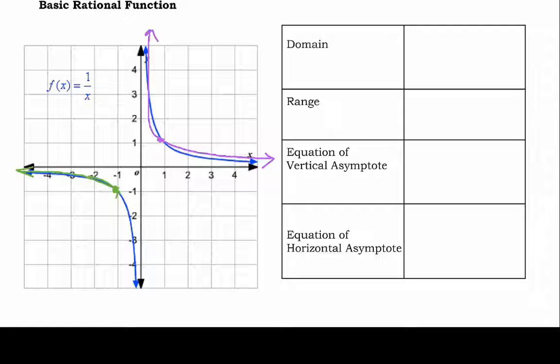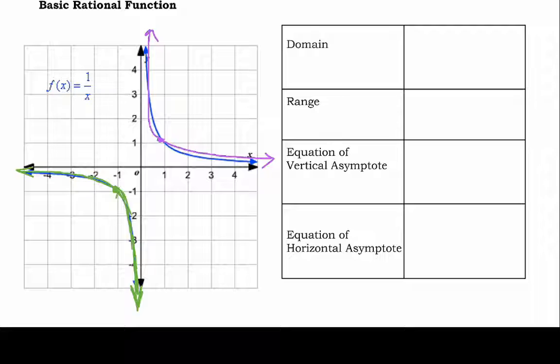As we started to use fractions for our x value, we started to get larger and larger values of y. But of course, we're never going to cross the y-axis because our x is never going to be 0. That's our non-permissible value. So that's why we end up with this particular unique graph.